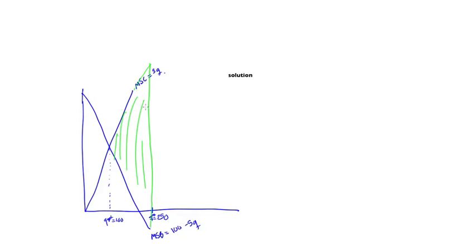Let's compute it. The deadweight loss is going to be equal to the integral from 100 to 250 of the area between these two curves, which is 5Q minus (1000 minus 5Q) dQ. And this is just equal, if you solve the integral, to 5Q squared minus 1000Q evaluated between 250 and 100, and this is equal to 112,500.